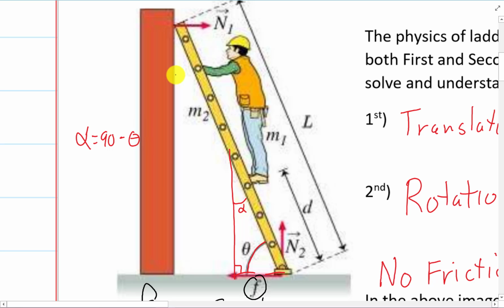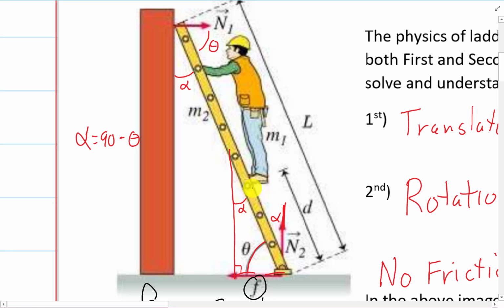So this is alpha as well. If that is alpha, then this is theta. And if this is theta, then this is alpha, the angle between the normal and the ladder, if you needed it, and we do.